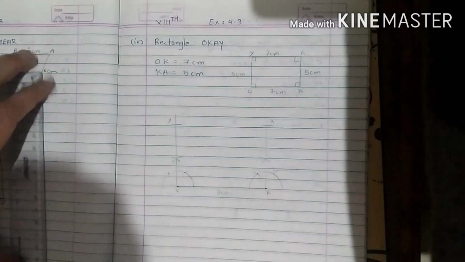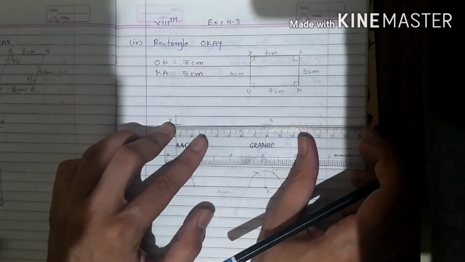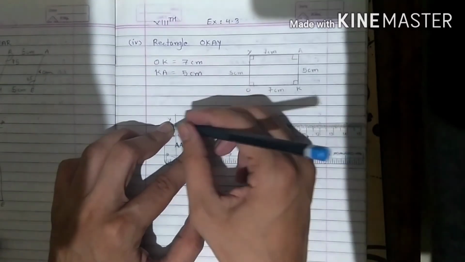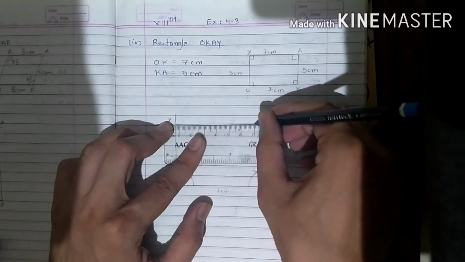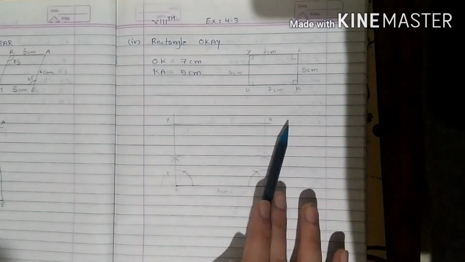Now join this YA. So this is our required rectangle OKAY.